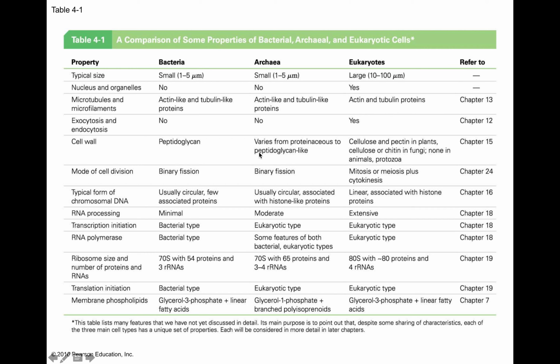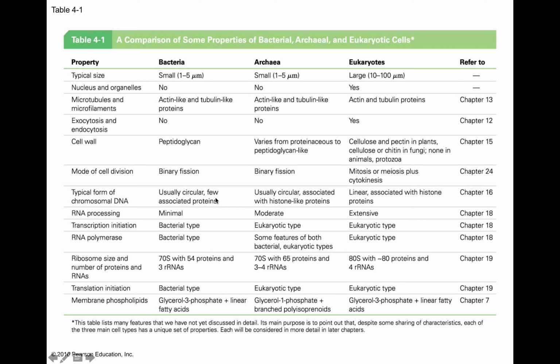And eukaryotes can have a cell wall. Plants have a cellulose cell wall. Fungi have a cell wall made of chitin. Animals and protozoa don't have a cell wall. Bacteria divide down the middle, binary fission, and eukaryotes use either mitosis or meiosis.